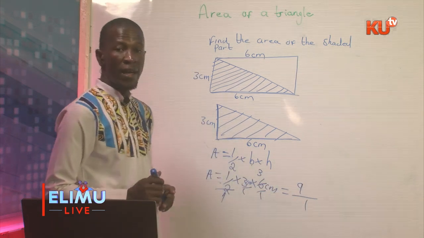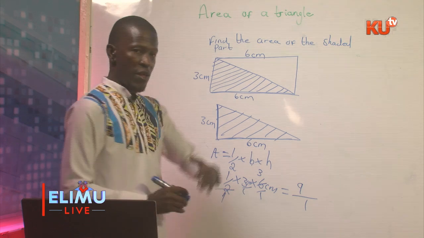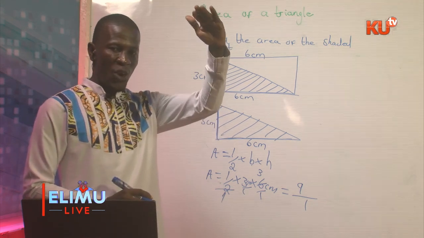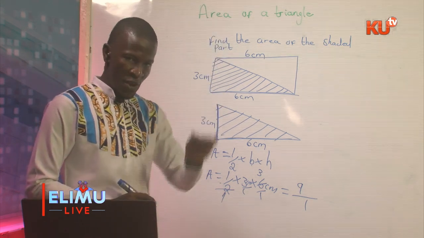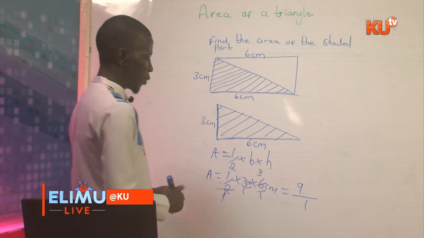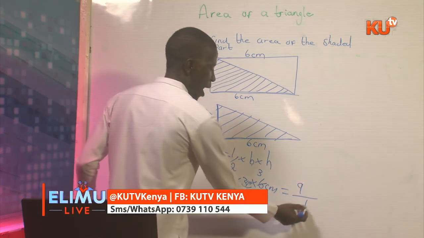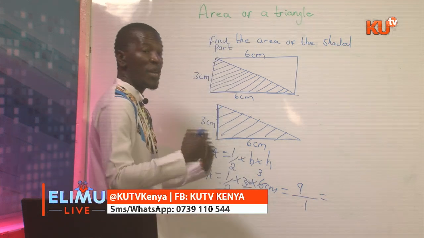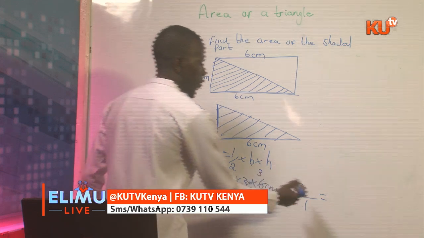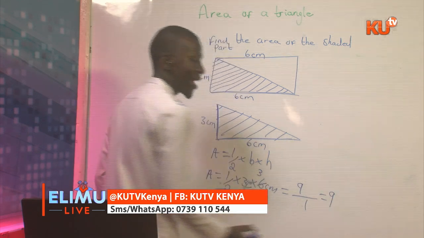Then from here, you simplify because the numerator cannot be bigger than the denominator. So from this point, you ask yourself, 1 goes into 9 how many times? 1 goes into 9, 9 times.